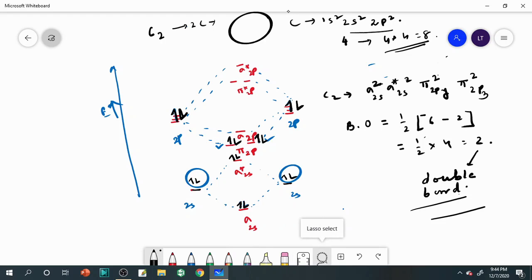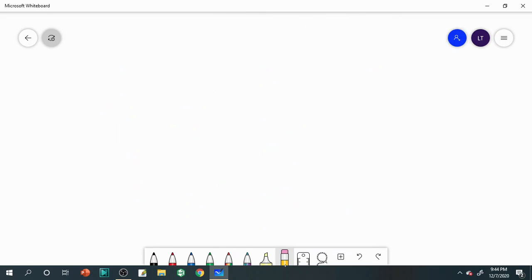And next our target is the next molecule, that is nitrogen. In case of nitrogen, I am erasing all these things. Okay, now it is very clear to you. In case of nitrogen, what will happen?